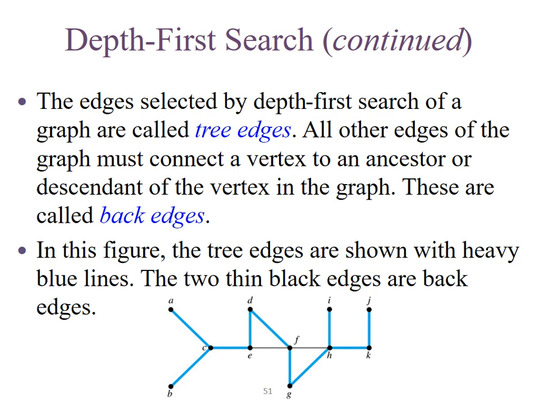So for such kind of edge, we call them back edges. Maybe you will see more algorithms to discover the paths of a simple graph using the back edge and depth first search. So that will be another story.